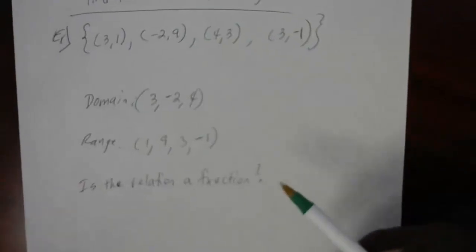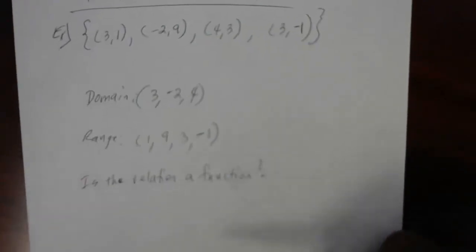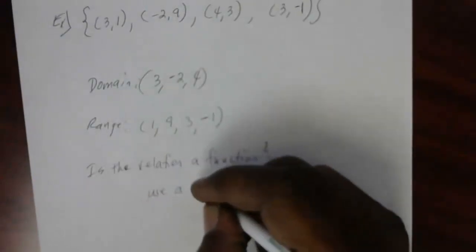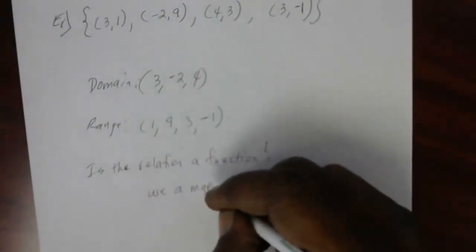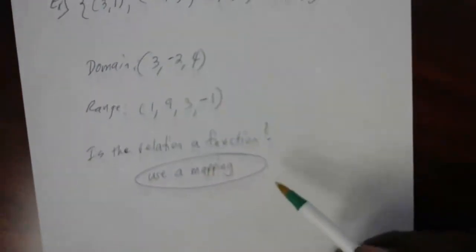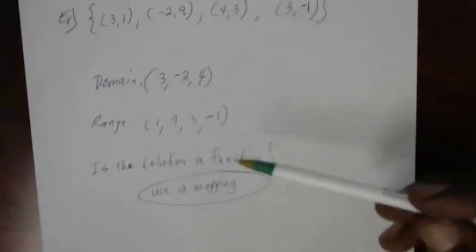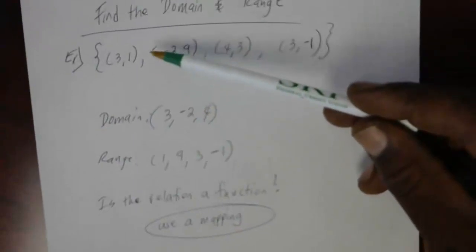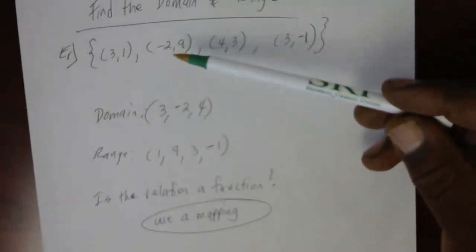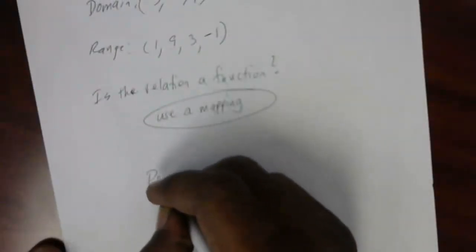In order to do so, we're going to proceed with what's called a mapping. So this is how a mapping works. We're going to list out our domains in one column.